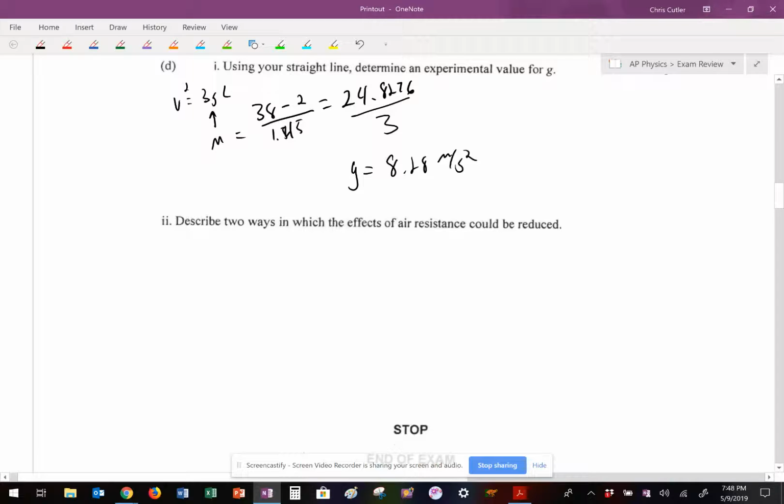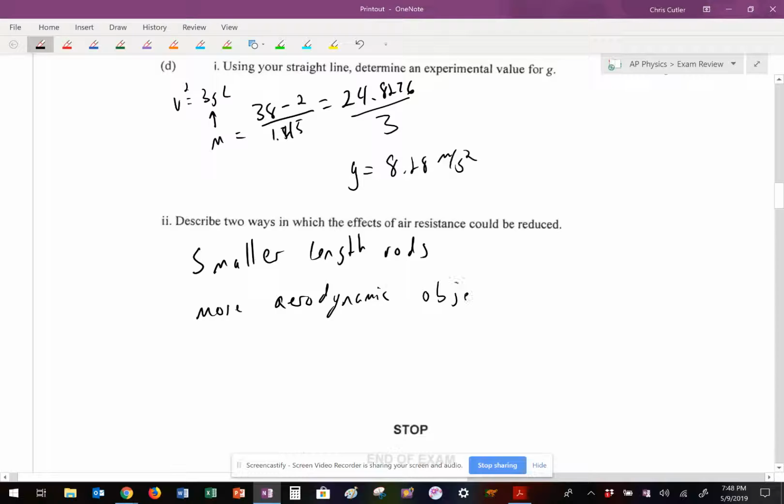Some of the ways that they wrote down: you could use smaller length rods, you could use a more aerodynamic object, you could perform it in a vacuum. Those are the things that I remember from that.